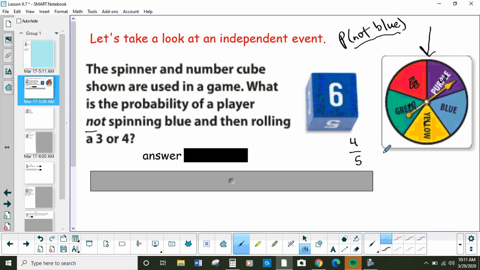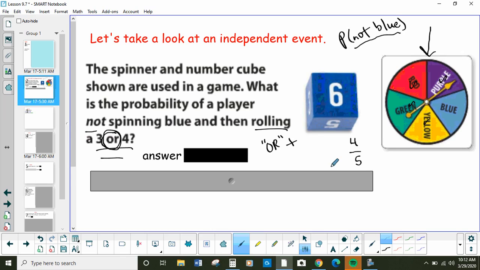That's what that means. Now let's look at the probability of rolling a 3 or a 4, and that's another skill. In math, if you have a probability question and you see the word "or," that's the one that actually means to add.